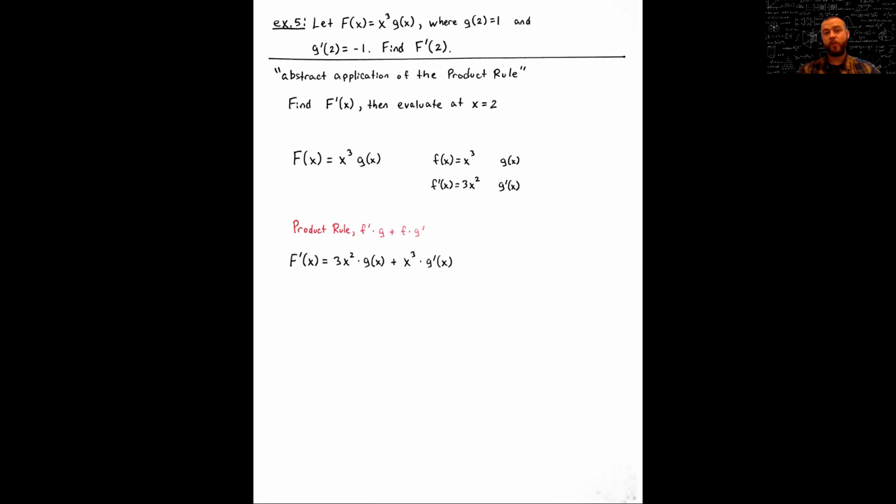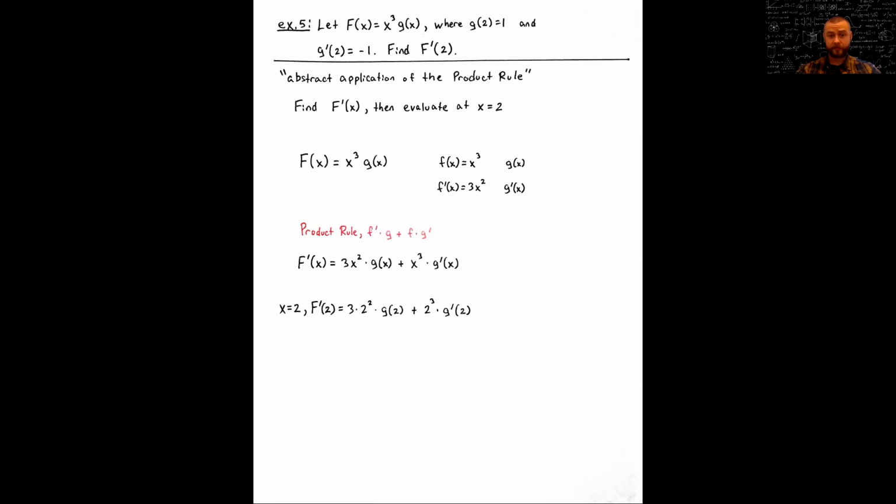All right, now the question does want us to get capital F prime evaluated at x equals 2. So to finish the problem, we just replace all x's. This goes for inside g and g prime. Those are functions of x, so we have to plug in x to those functions as well.